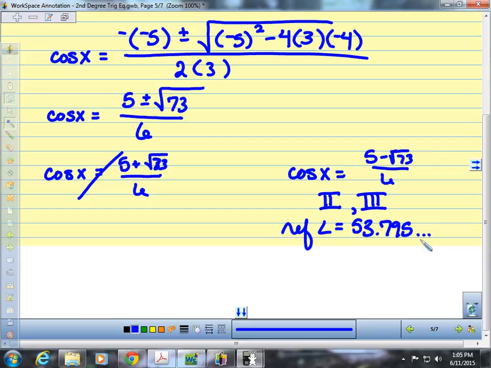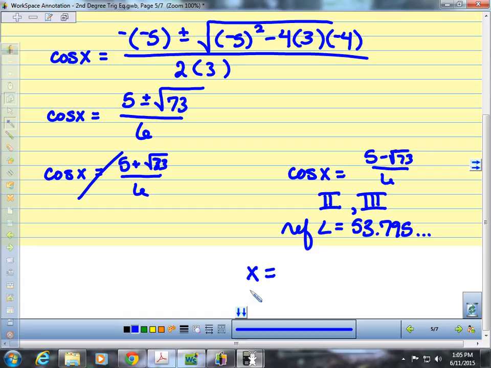53.795. Okay. So how do I put that into quadrant 2? Plus 180. So to the nearest tenth of a degree, I'm sorry, did I say plus 180? Yeah, minus 180.